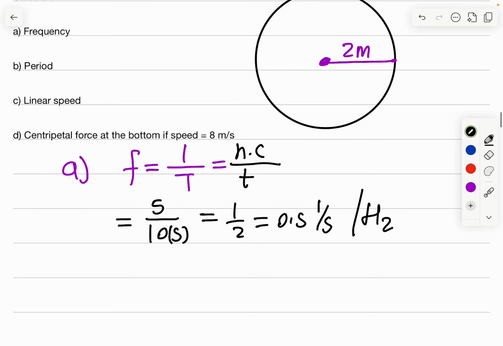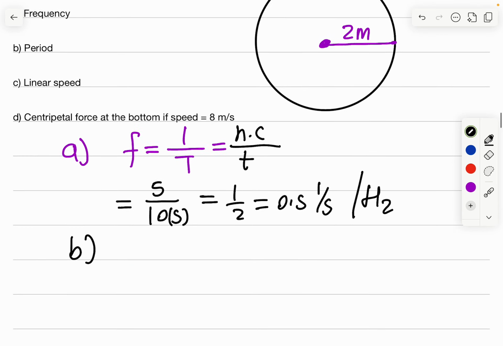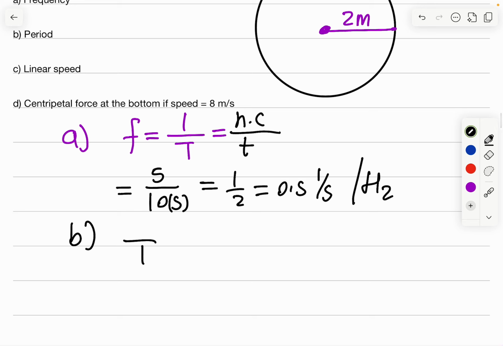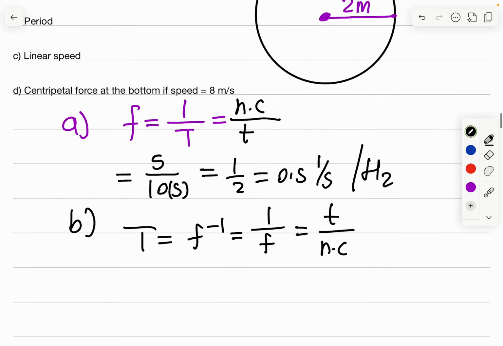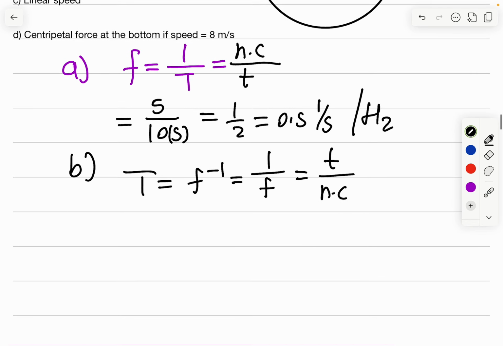Understand? So letter B, they say calculate the period. The period, I told you, is the inverse of the frequency, or the inverse of the formula of the frequency, which is number of cycles over T. So you can use this formula, or you can substitute the value of F by itself, or substitute the values of T and number of cycles.